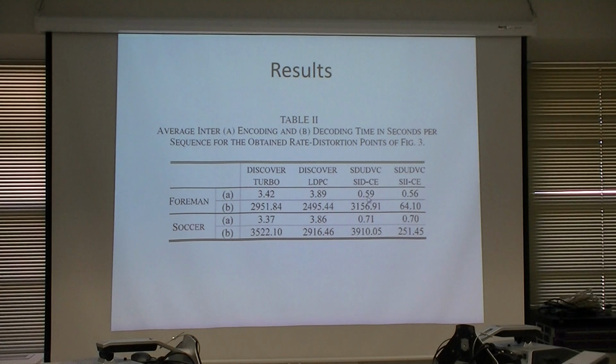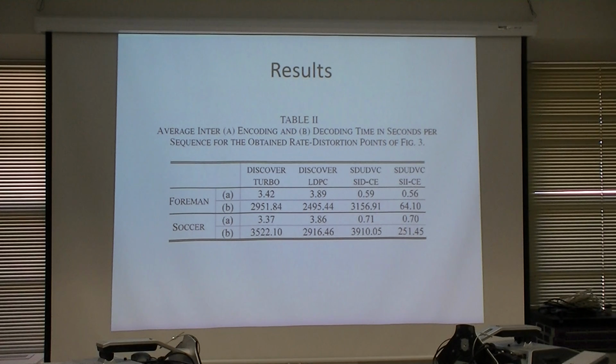The reason is that the proposed algorithm does not have channel coding, and it does not do the DCT transform. But for the decoding, the proposed algorithm did not get a lower time, because both codecs have decoding latency. For the DISCOVER codec, the decoding latency is the repeated channel coding and the feedback channel.